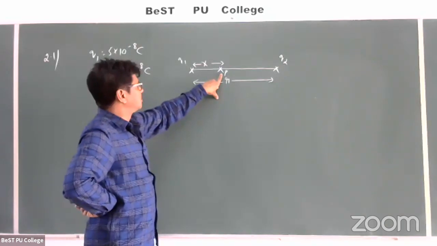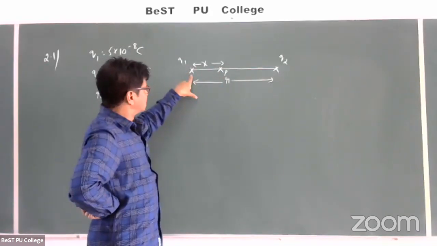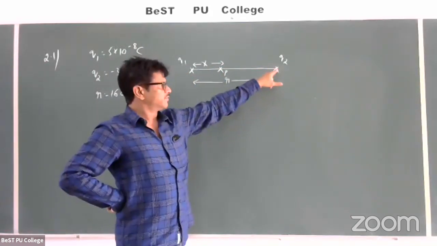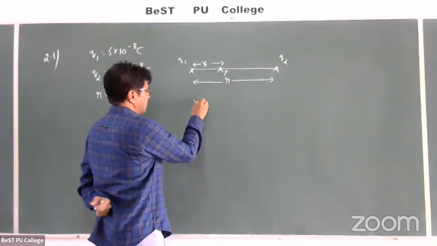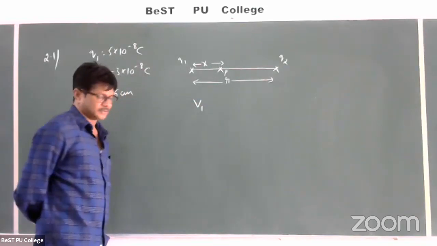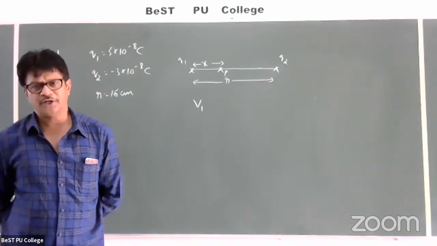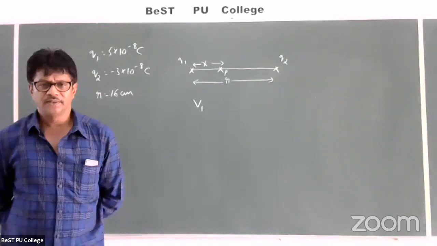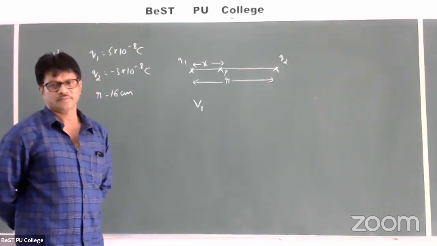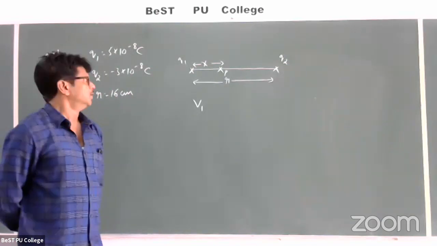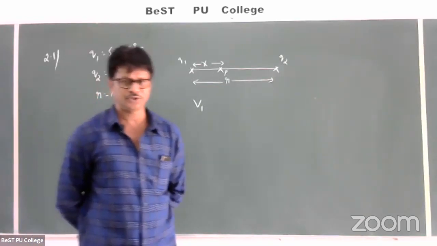At P, how many electric potentials will act? Two electric potentials will act. One is because of this charge, other is because of this charge. Let V1 be the potential at P due to charge Q1.